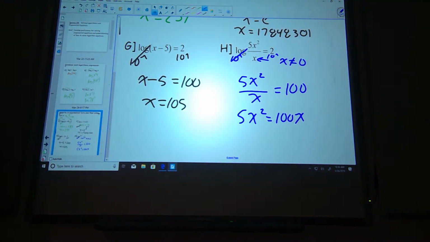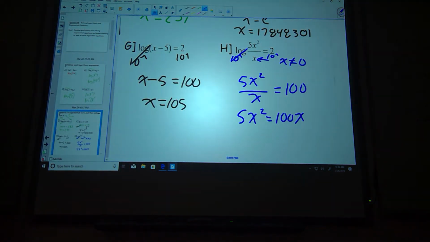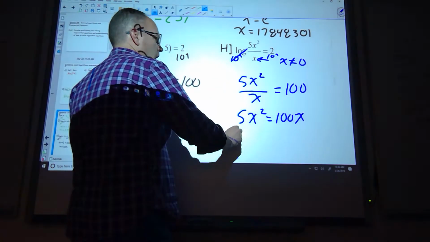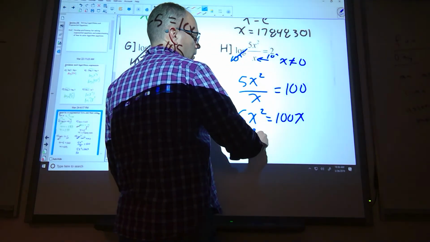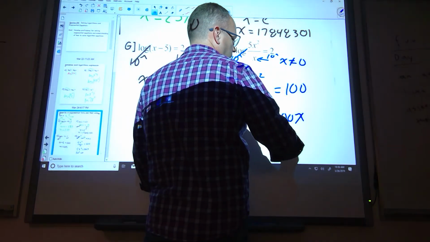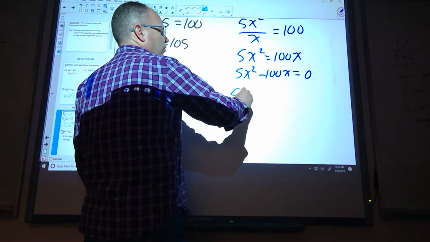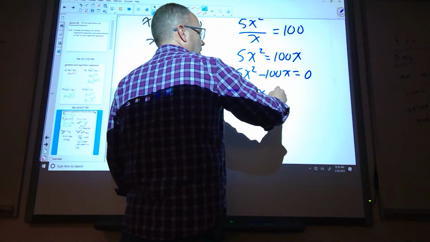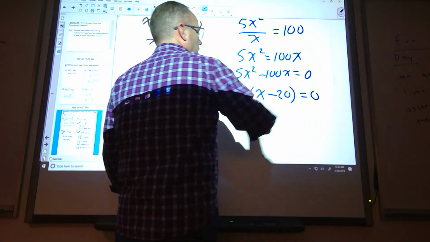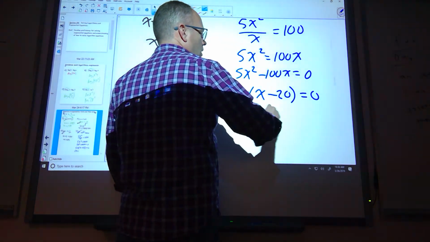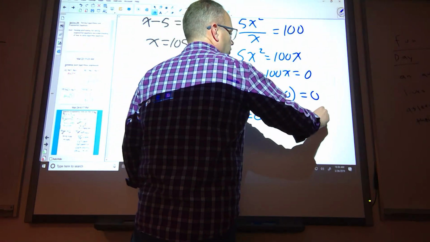Then we have to solve it, and this is taking us all the way back to Algebra 1. So 5x squared minus 100x equals 0. I could factor out a 5x from both of those. So I get x minus 20. So I get 5x equals 0 and x minus 20 equals 0.